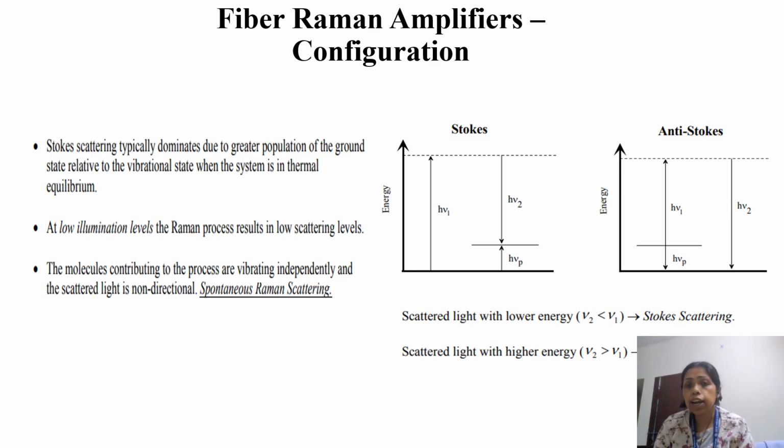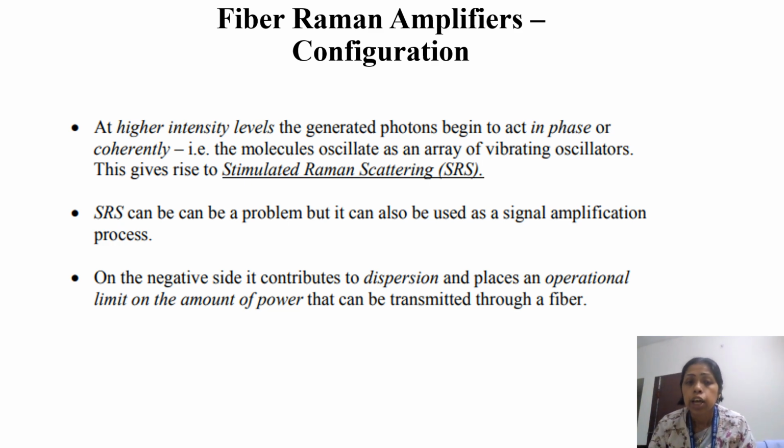So all the light is scattered in frequency, all directional and in phase in the case of stimulated Raman scattering. So if you want to achieve higher gain, it is better to use stimulated Raman scattering as compared to spontaneous Raman scattering. And there will be some side effects, the disadvantages. Dispersion phenomena used to happen in the case of the fiber Raman stimulated scattering.